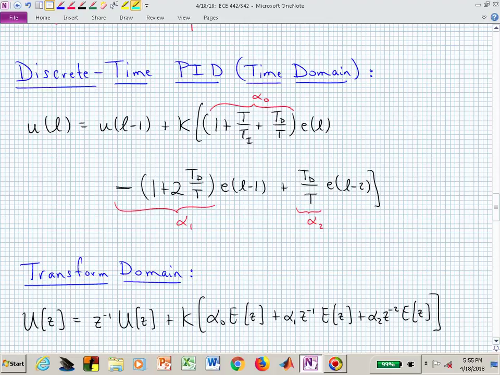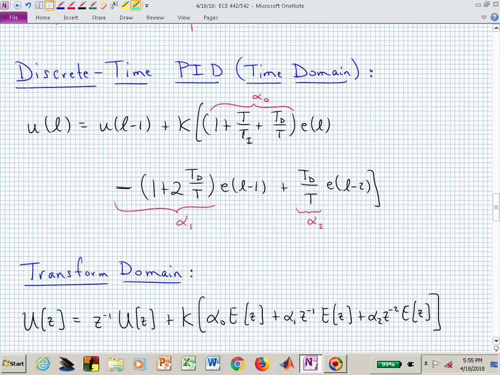You have a z to the minus 1 scaled by alpha 1. And you have an alpha 0 with just the z transform of E. And the first term on the right of that equal sign, little u of one time step ago, becomes z to the minus 1 capital U of z.